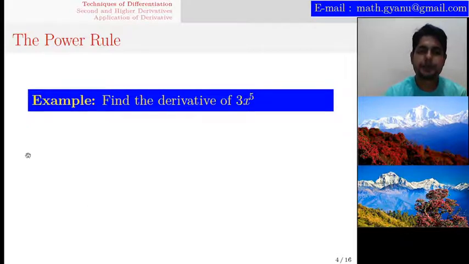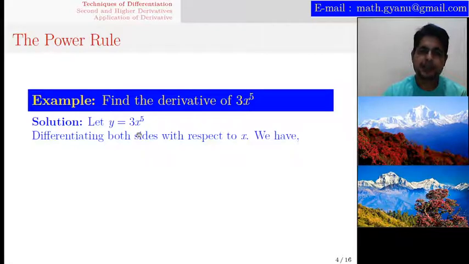Okay, another problem: find the derivative of 3x^5. Let y equal to 3 times x^5. Note that 3 is a constant coefficient of x^5. Now differentiating both sides with respect to x, we have dy by dx equal to d by dx of 3x^5.